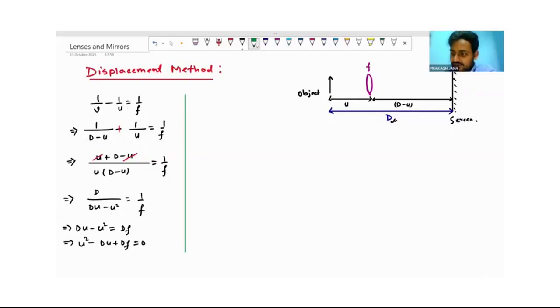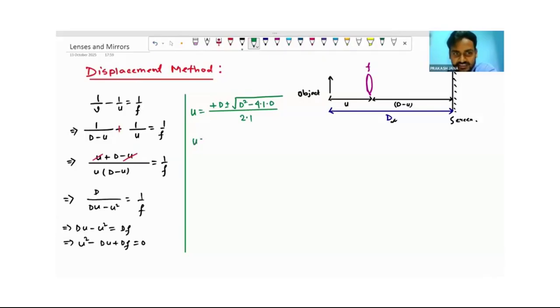How to find that? u is equal to minus b, that is here D, plus minus root of b square, that is D square, minus 4ac, that is 4 times a, the coefficient of u square, that is 1 here, and c is Df, by 2 into a, meaning 2.